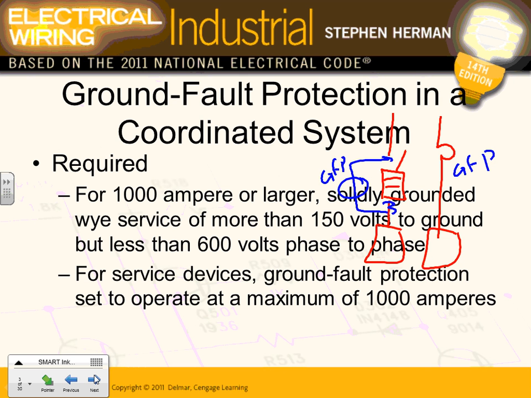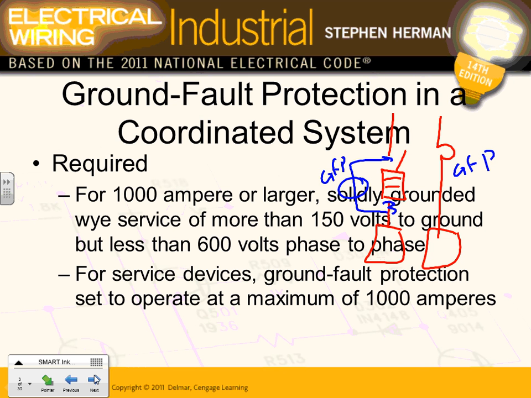So we know what a circuit breaker does, right? If the circuit breaker is rated for 200 amp and you pull 220, it takes a couple of minutes, it trips. If it's 200 amp and you have a short circuit of 2000 amp, it will trip instantaneously. A fuse is the same way, guys.